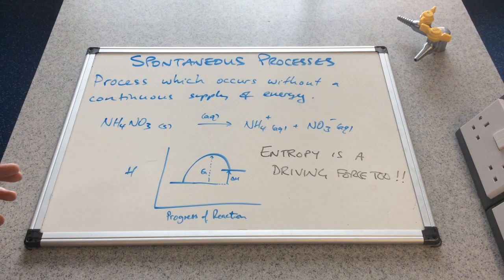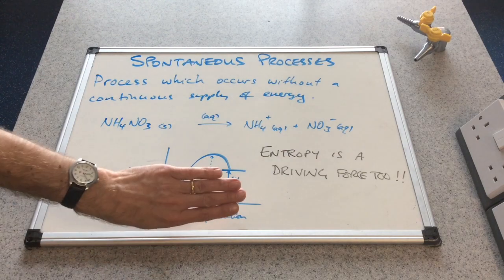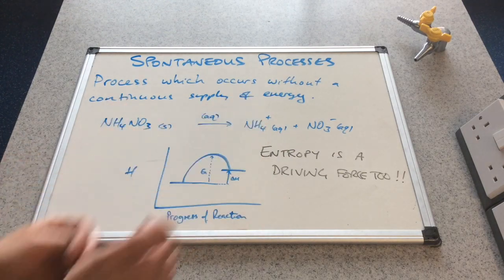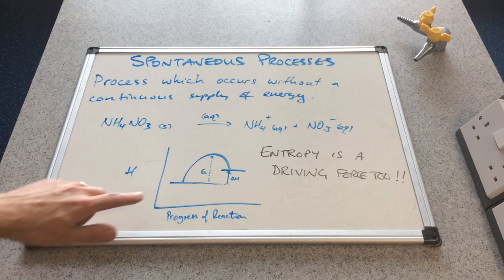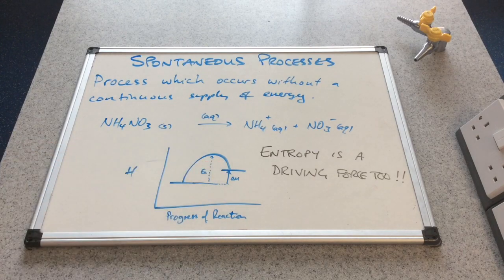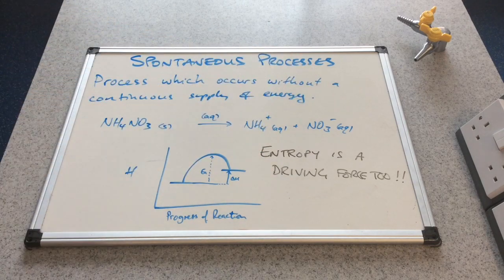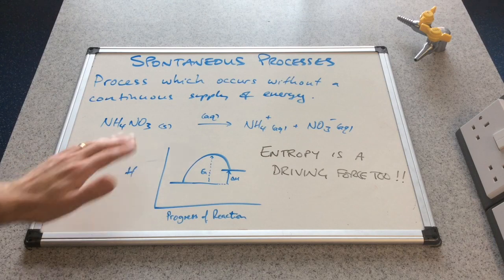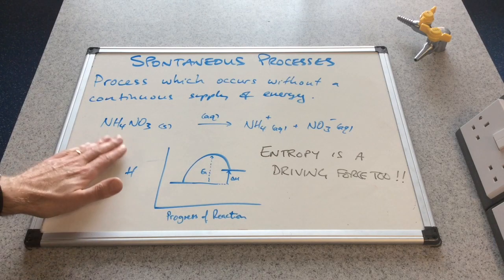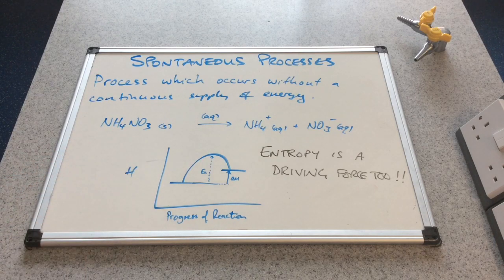The driving force for this reaction can't be the enthalpy, because we have to lift the enthalpy up to turn the reactants into these products. But the fact that it's getting more disordered is driving the reaction. This would have a positive entropy change, and that's what's making this endothermic reaction spontaneous.